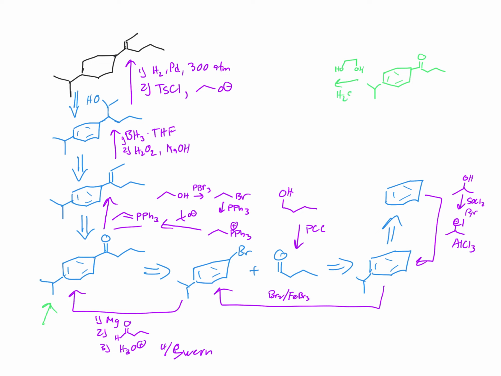So I can make a cyclic ether, like this, and then I can reduce the heck out of this compound, H2, palladium, 300 atmospheres. And that's not it. Let's erase that.